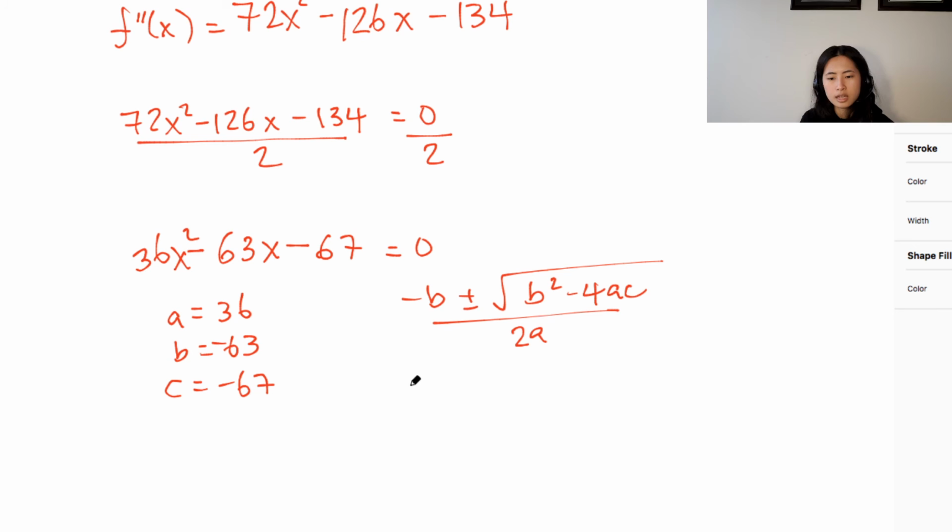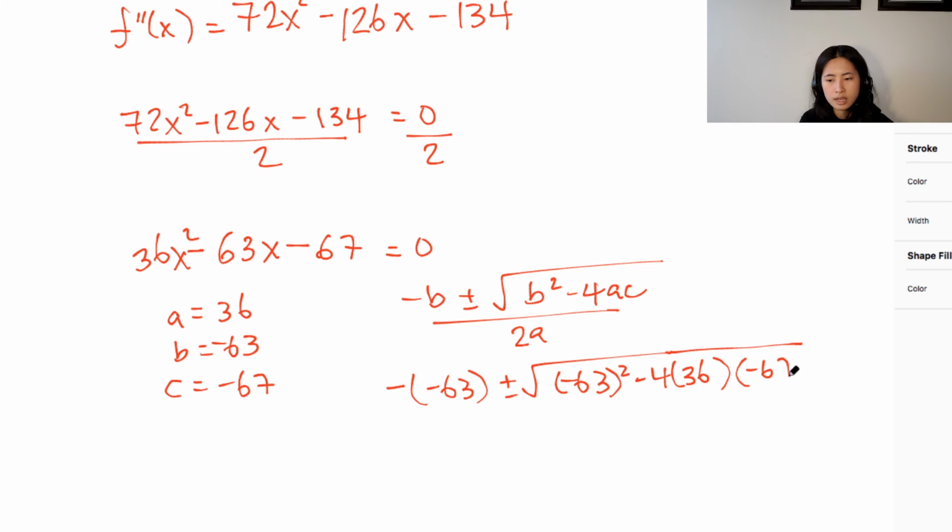Our negative b is negative negative 63, plus or minus the square root of negative 63 squared minus 4 times 36, that's our a, times c, which is negative 67, and that's going to be over 2 times 36.